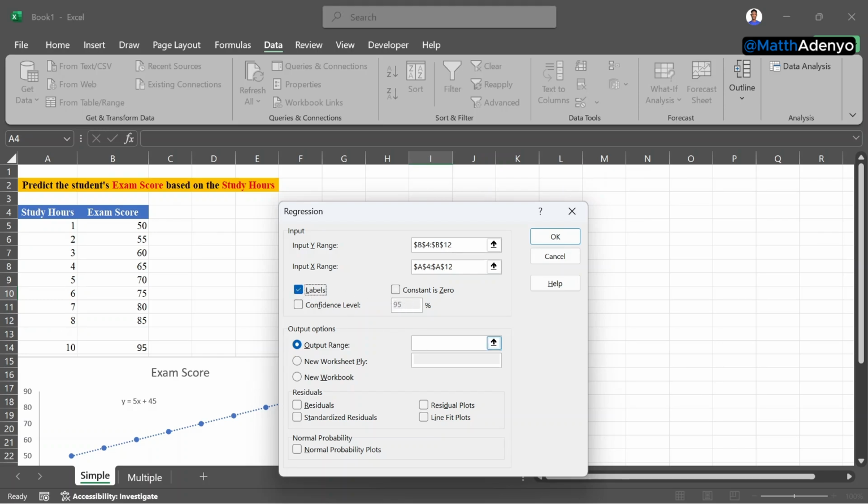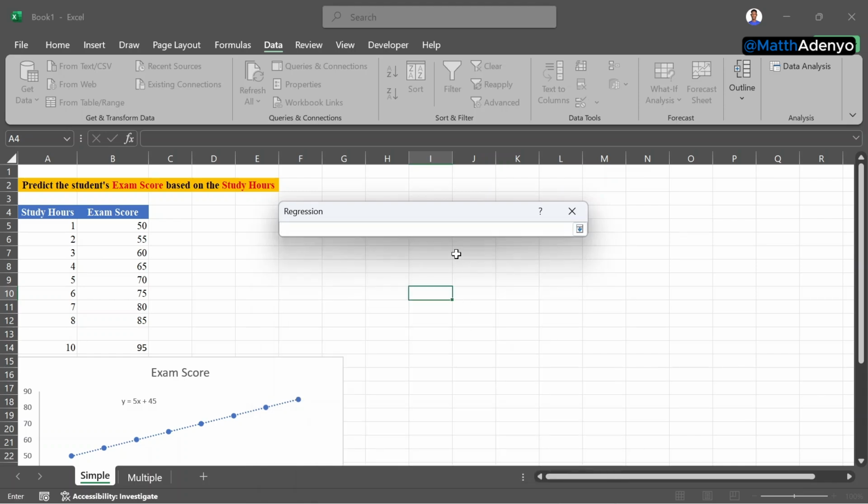So once you indicate it, the next is the output range. There are many options. You can either output the results on a new worksheet, a new workbook, or the range. I want it to be on this same worksheet, so I will select the range. So let me just click on it and select a place.